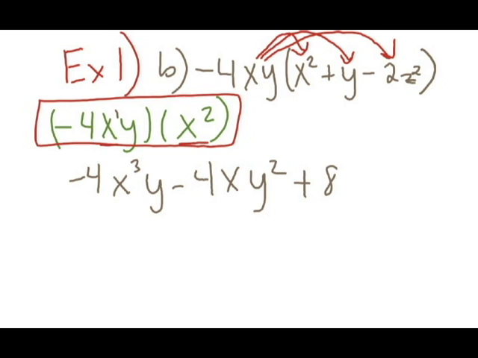The x times, there's no x with a negative 2z squared, so we just bring our x down. Same thing for y. There's no y with the negative 2z squared. So the y comes down. And because the z squared doesn't match anything, it comes straight down. And that would be your final answer.